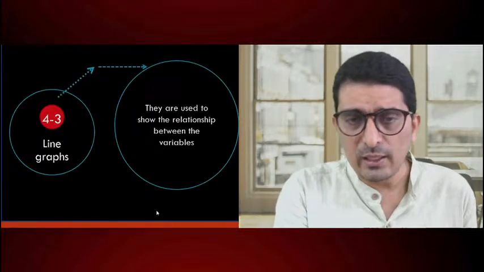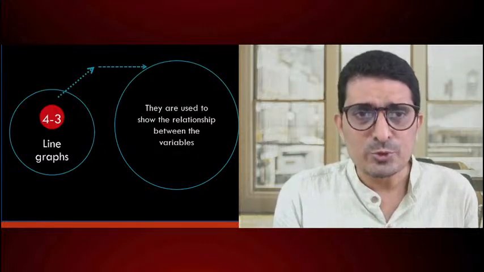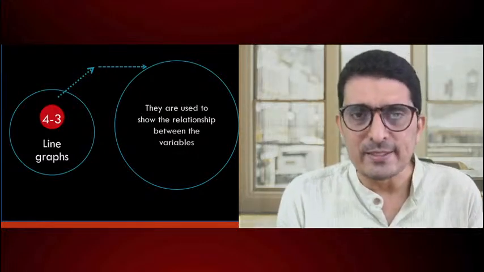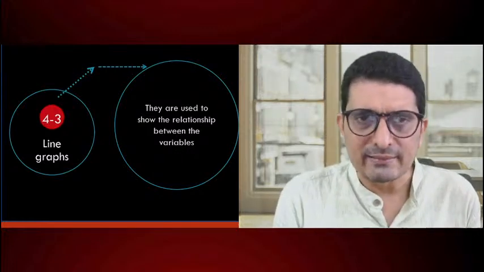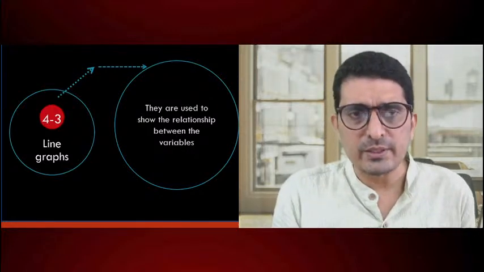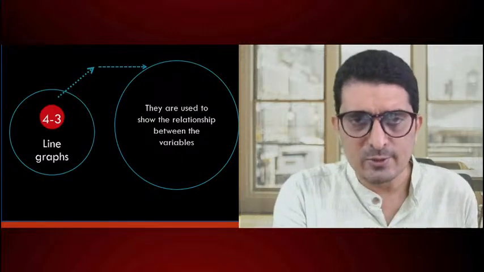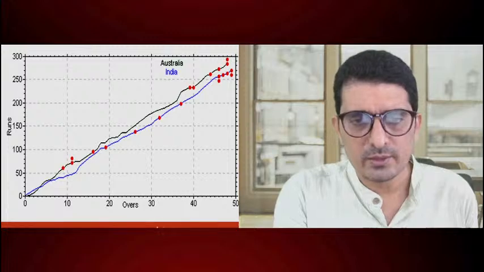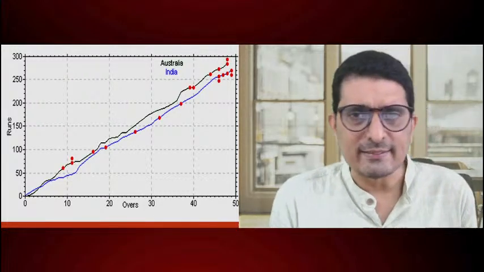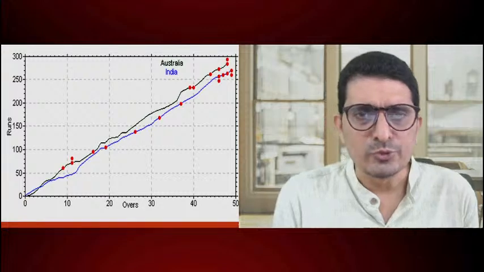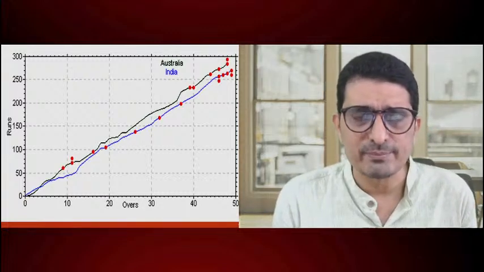Now comes line graphs. Line graphs are used to show the relationship between variables. Different variables are there, and the relationship can be shown by using line graphs. Just look at this example. It's a line graph. It's the data of the match between India and Australia, a cricket match.